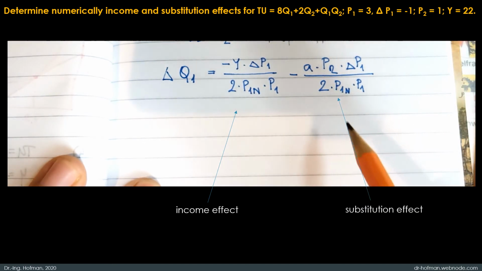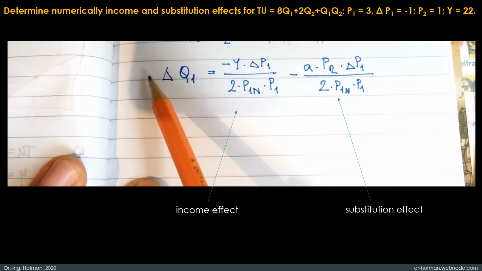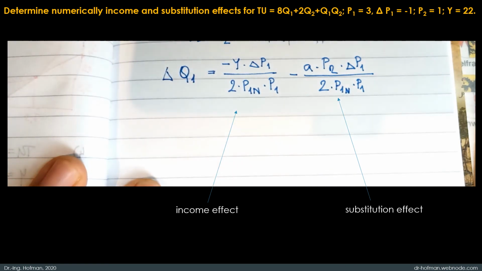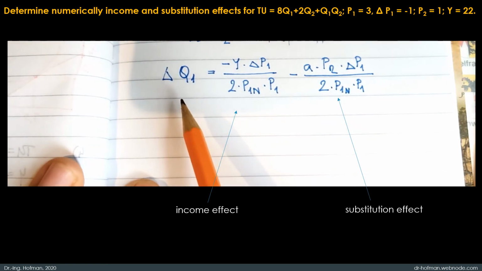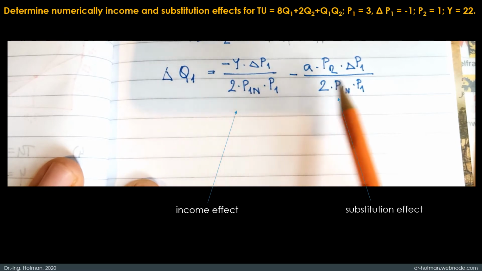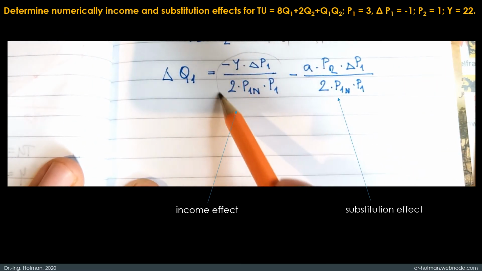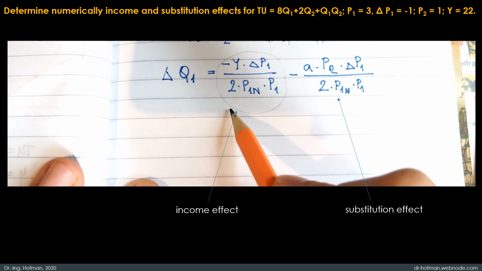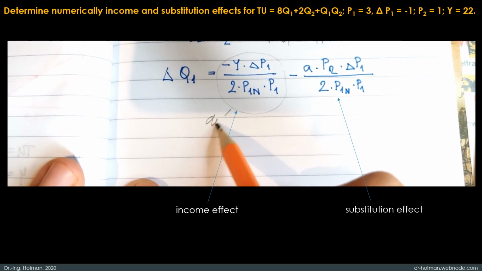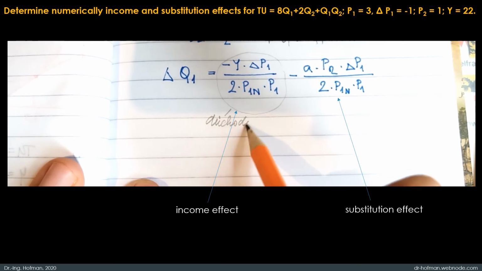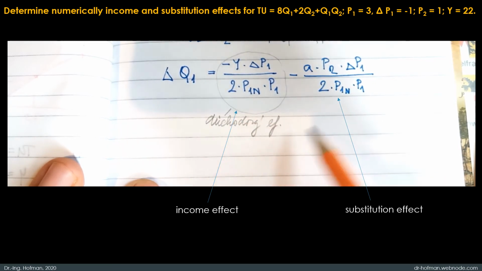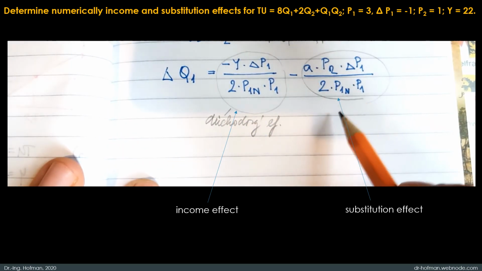Now we will determine numerically the income and substitution effects for the total utility Q equals 8Q1 plus 2Q2 plus Q1Q2, where price 1 is 3 euros, delta of the price 1 is minus 1 euro, price 2 is 1 and yield is 22.